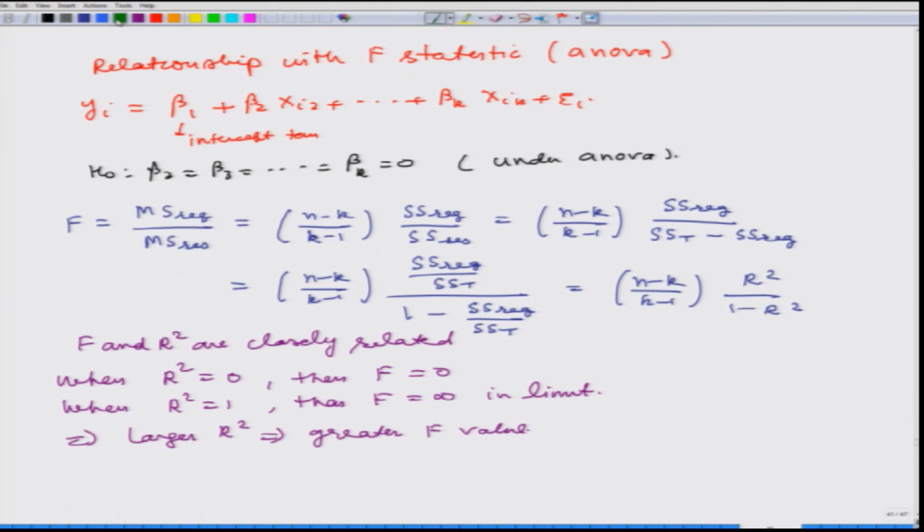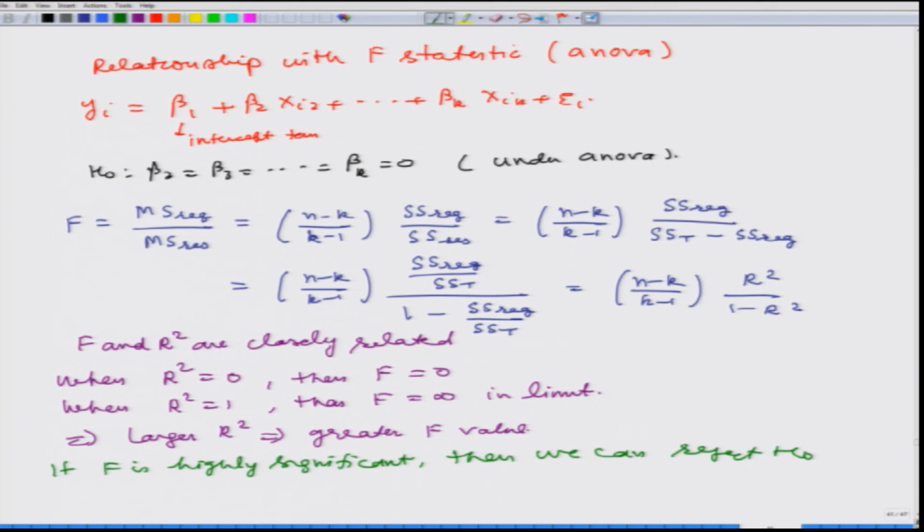I can conclude that if F is highly significant, that means the test of hypothesis based on this F-statistic is indicating that the regression coefficients are significant, then we can reject H naught.